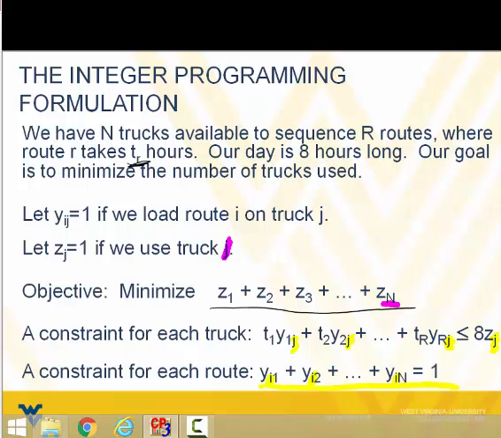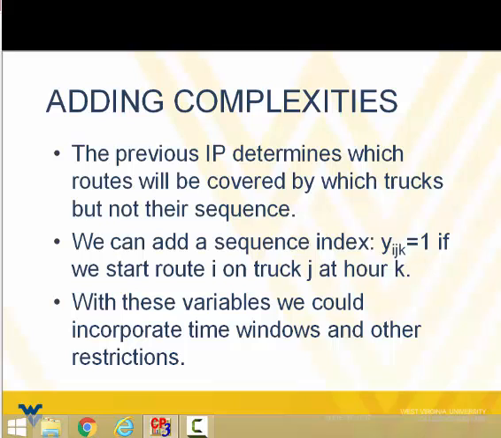Now we can expand upon this, and we can add sequencing indexes. We can add a third subscript, which says we want to load route i on truck j at a particular position k. And that's how we can now add additional constraints such as time windows to our routes.